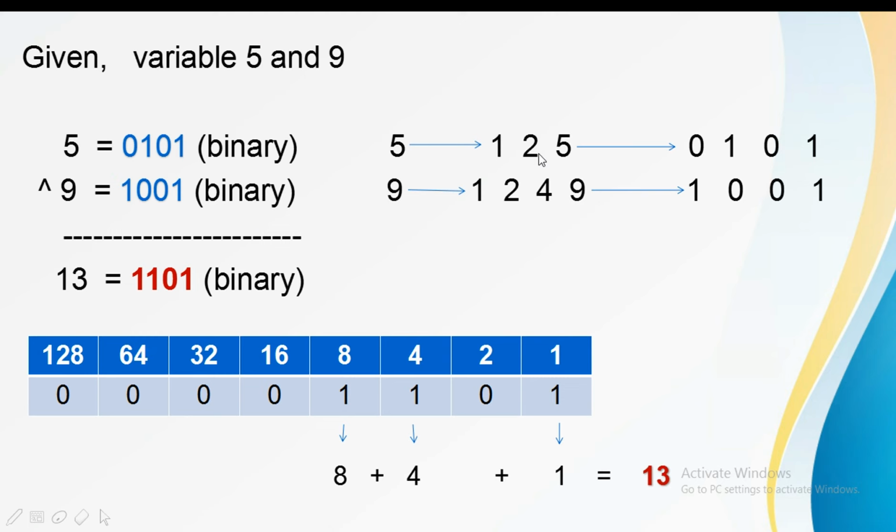Binary numbers are the same. For 5 we said it is 0, 1, 0, 1. For 9 we say it is 1, 0, 0, 1. So we have said that both the operands should be 0 for the answer to be 0. Otherwise the answer will be 1. So 1 and 1, the answer is 1.